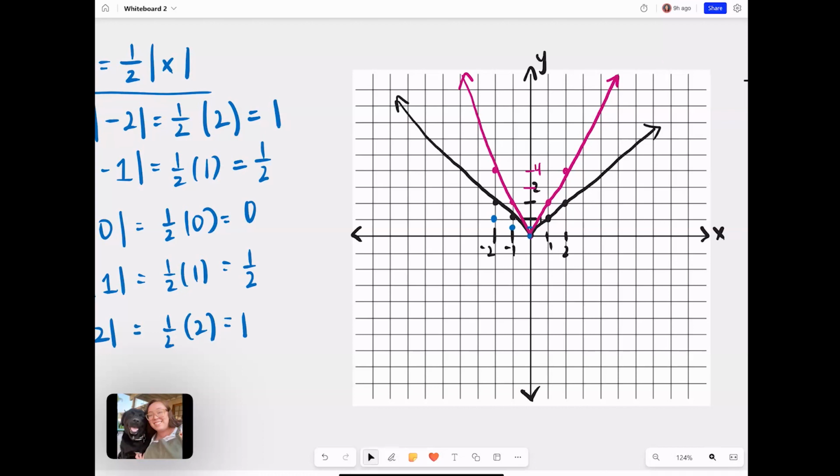Still at 0, back at 1/2, and at 1. Doesn't look like we did a lot there. So again, if you need to add more points to see what this looks like, please do that. Make sure you buy what I'm selling, right?